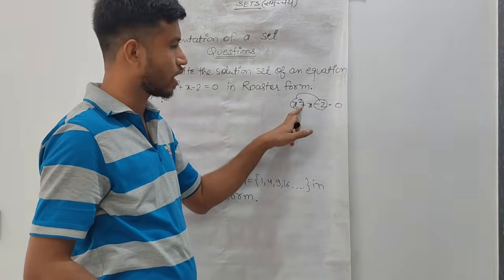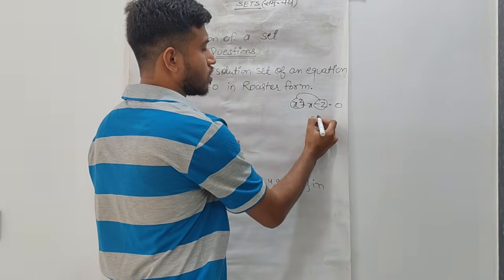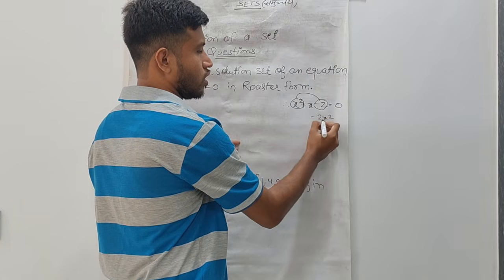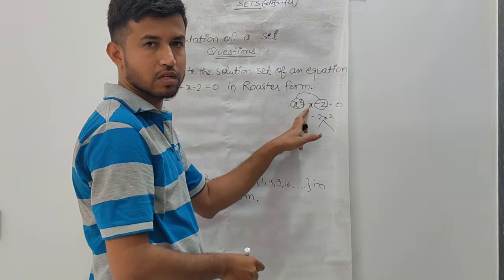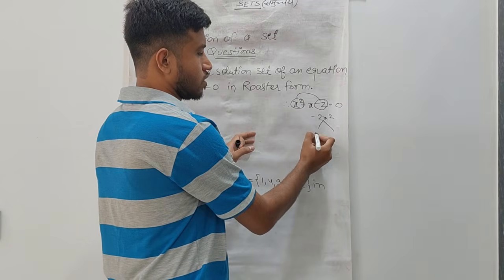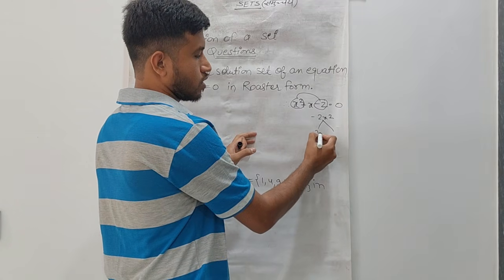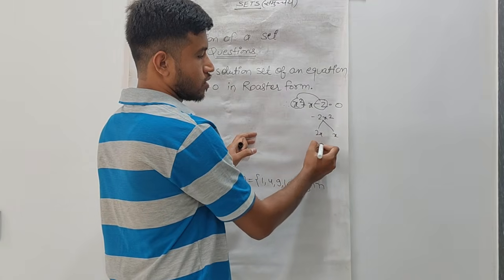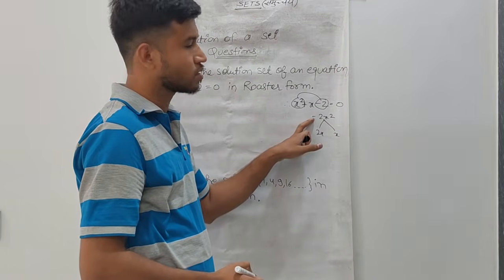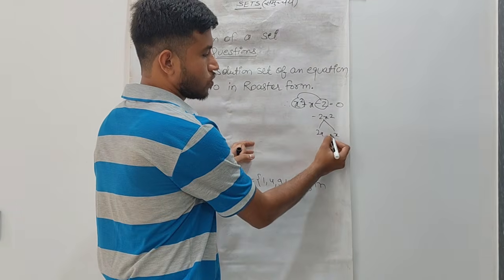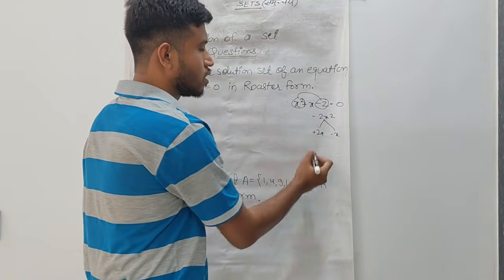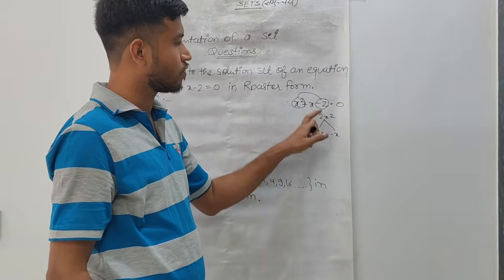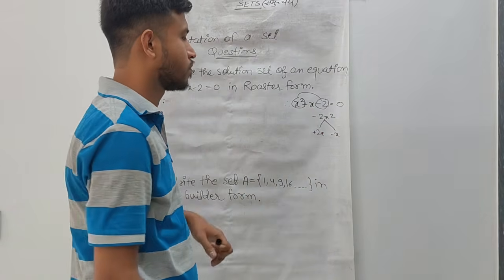Multiply these to get minus 2x square. Now factorize to get the middle term plus 1x. Here we need 2x and x, with the sign minus on one and plus on the other. So it needs to be minus x and plus 2x. Add them and we get the middle term.